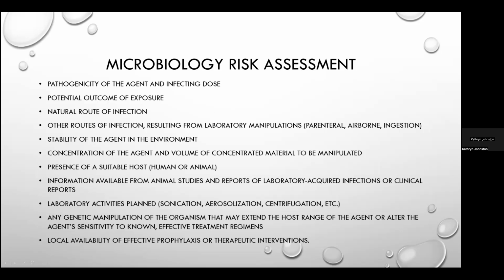So you have to look at other routes of infection, and how do they result from laboratory manipulations? So if you are emulsifying some pathological specimen for culture, then you need to be concerned with how you're mixing it. Is there a potential for droplet transmission? Is there a potential for airborne release of airborne pathogens? So that type of thing.